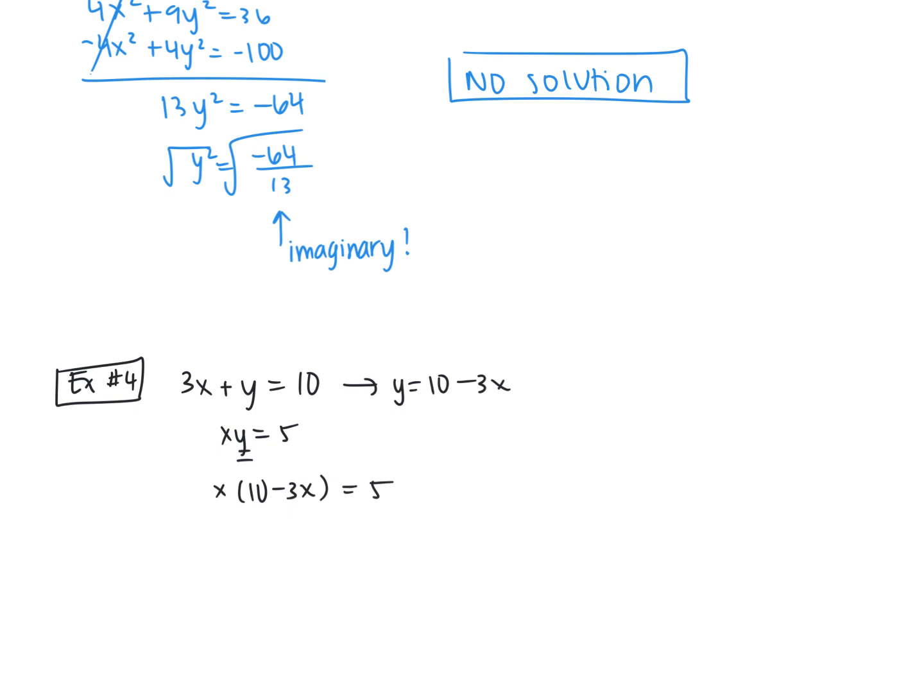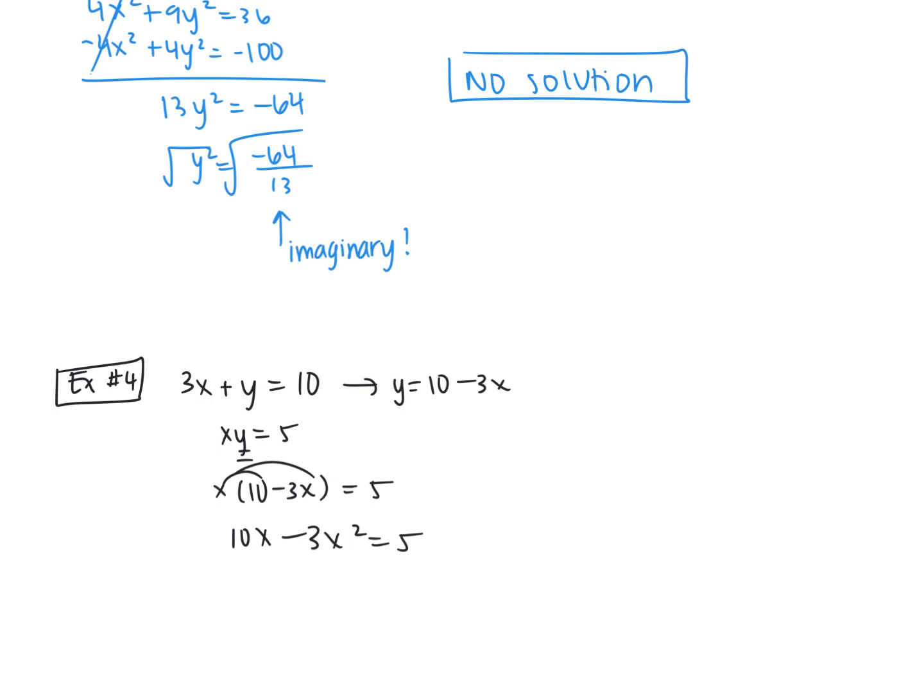This is where people generally make a mistake. Am I allowed then to say x equals 5 and 10 minus 3x equals 5? No. That only works if it's a 0. Yeah, so we would have to distribute, and we would get 10x minus 3x squared equals 5.